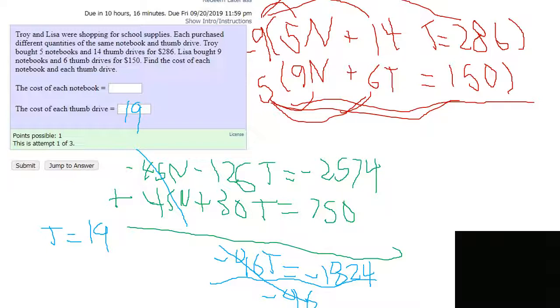Now, since we know that T is 19, let's go ahead and substitute in 19 for T. So we have 5N plus 14T from the first equation, replace T with 19, and that's going to equal 286.